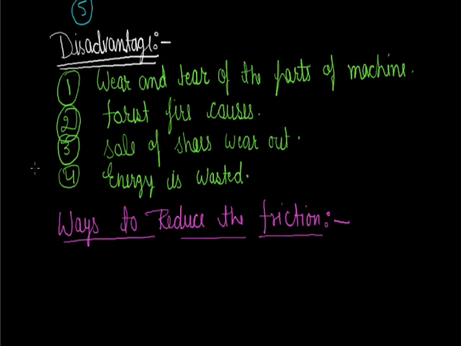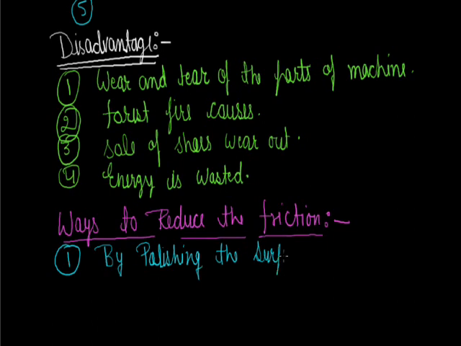First is by polishing the surface. Rough surfaces can be made smooth by polishing. Polishing removes hills and valleys from the surfaces. Therefore, polishing of surfaces reduces the force of friction.